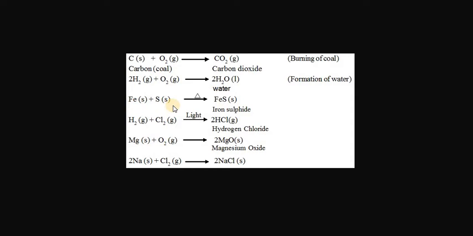The other example of combination reaction is Fe plus S. Fe means iron, and it reacts with sulfur. Then it gives iron sulfide, FeS. Here you can see the triangle symbol is given. That means for this reaction, we have to supply heat.